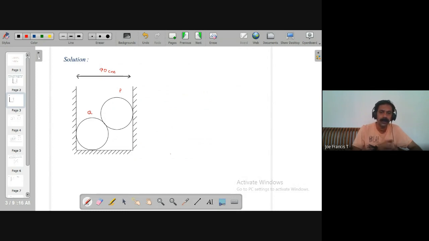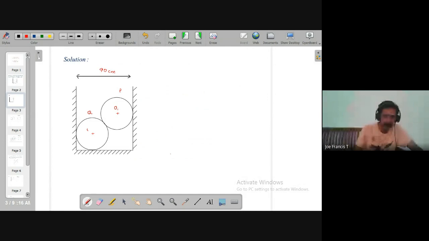So which are the contact points here? If you consider the first sphere, let its center or center of gravity be here. I shall call it O1. So this is O1, the center of the first sphere. And suppose the center of the second sphere Q is here.